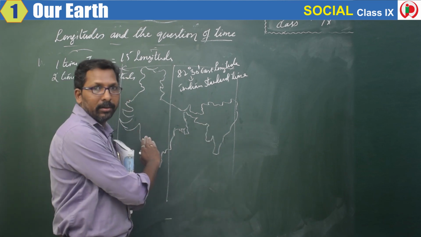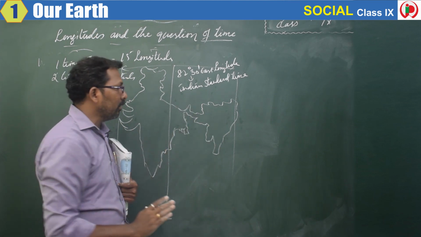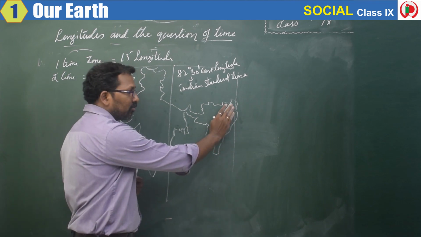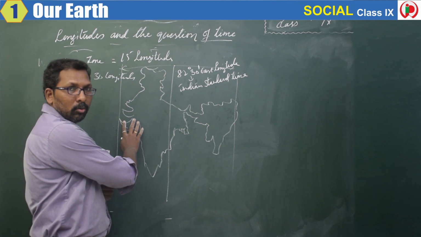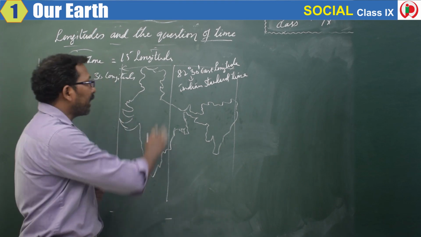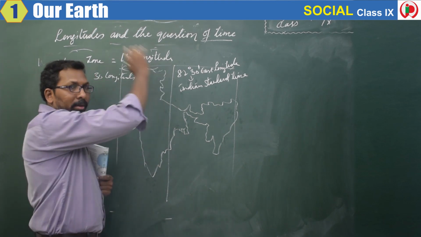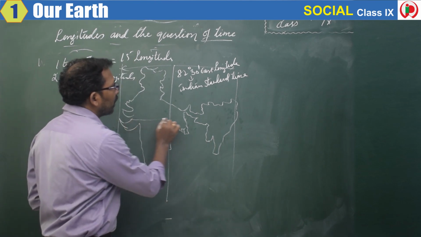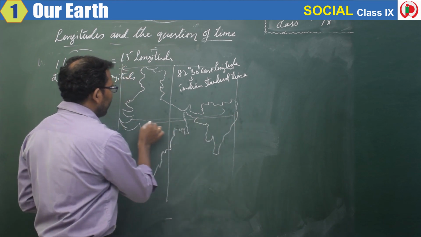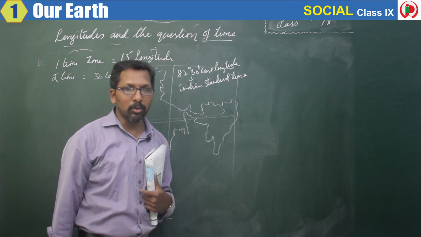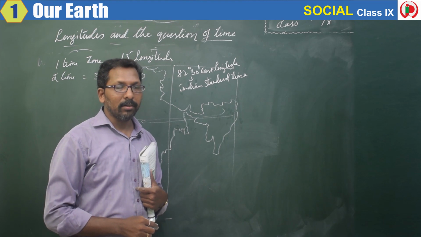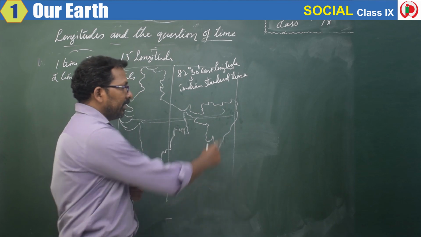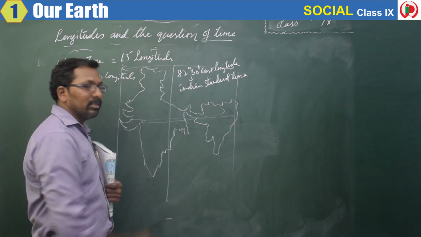If Tamil Nadu follows its own time, and Jammu and Kashmir follow their own time, then a person traveling from here to Arunachal Pradesh and a person traveling from Arunachal Pradesh to Gujarat may meet with an accident, because his timing is different and the other's timing is different.